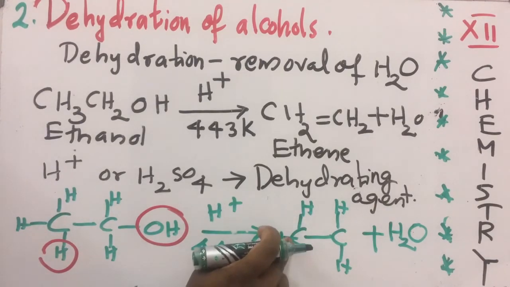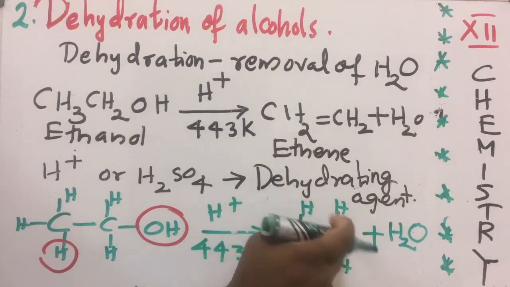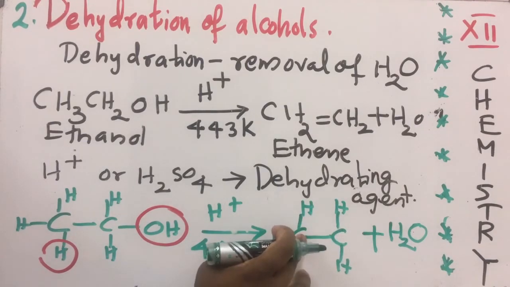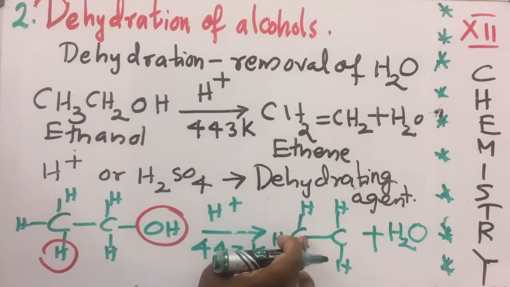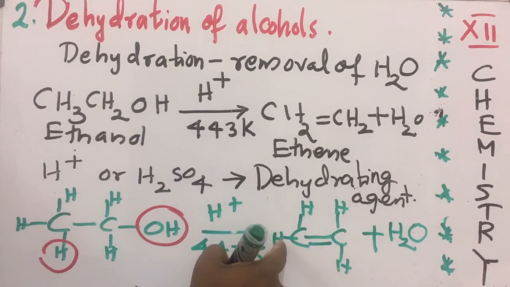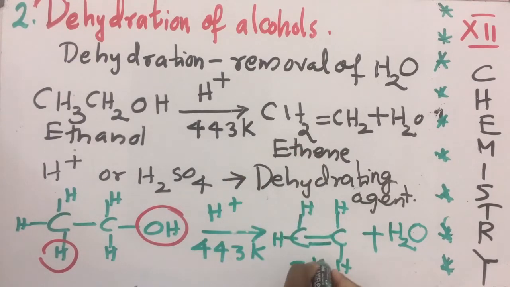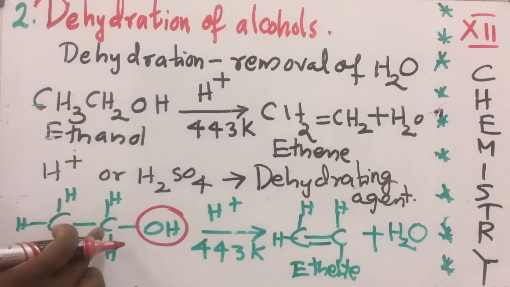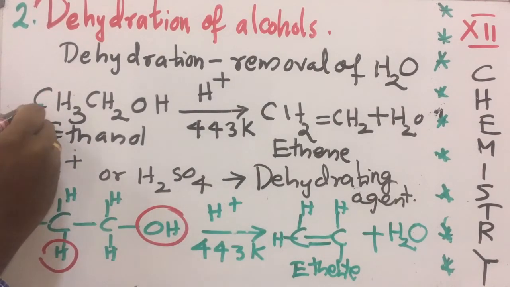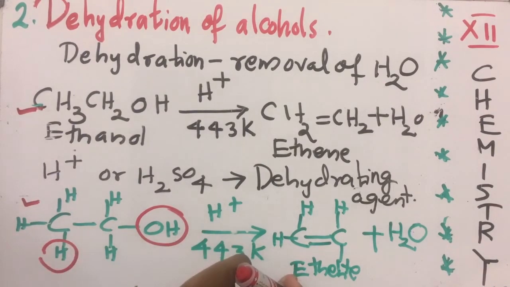Now let's see, around this carbon how many bonds? 1, 2, 3. But we know carbon is always tetravalent, valence is 4. So put a double bond here: CH2=CH2. What is the name? Ethene. Actually, both reactions are the same, but here I applied a simple trick to make the product.